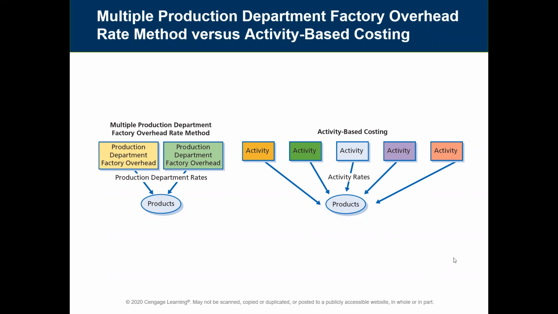So again, where we're going to be going today, starting with exercise 5, is the concept of using activities to allocate our costs, and hopefully getting a better idea of where our costs come from, and therefore controlling them better, and possibly reducing or eliminating any wasteful expenditures.